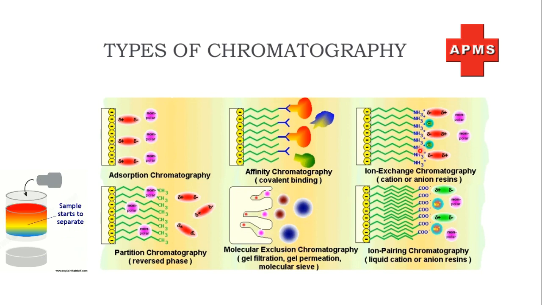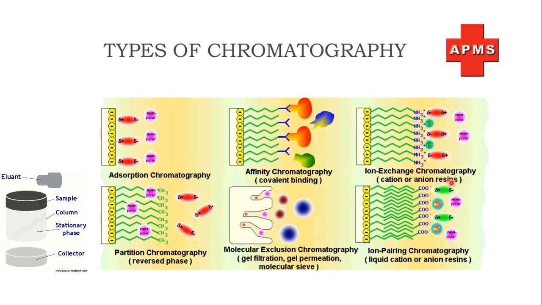Now we come to this point. Here it is ion exchange chromatography, also called cation anion resins. Here, on the solid support, organic molecules will be coated or bound. These organic molecules will be resins, a type of polymer, which contain positive or negative charge.